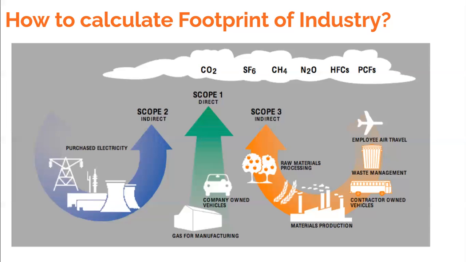Scope 3 would include the raw materials and the product emission factors, the travel by the contractor owned vehicles, the carbon footprint generated from waste management, and the travelling by the employees, especially the air travel. So these are the three categories which we should be familiar with.